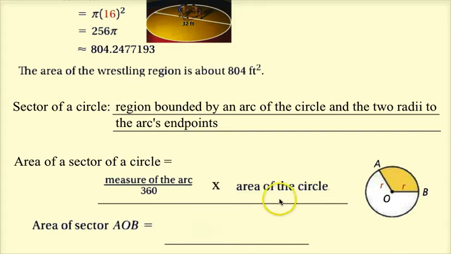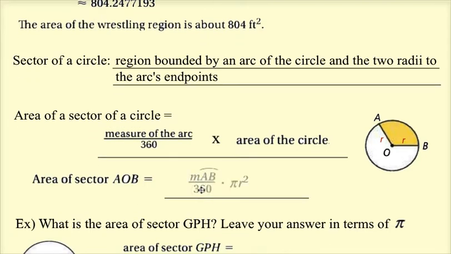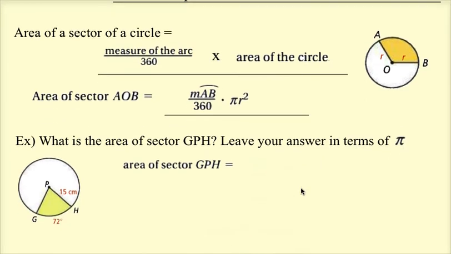So that's the area of a sector. If I was looking at this picture right here, the area of sector AOB is the measure of arc AB over 360 times pi r squared. So it's really not too hard. Let's try a problem with some numbers. Let's find the area of sector GPH, and I want to leave my answer in terms of pi.